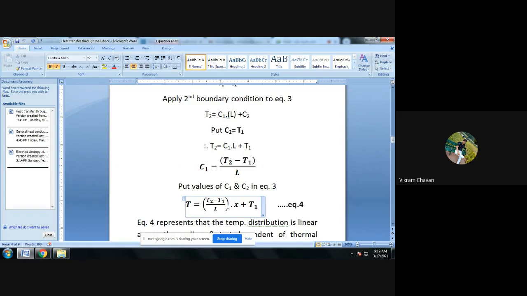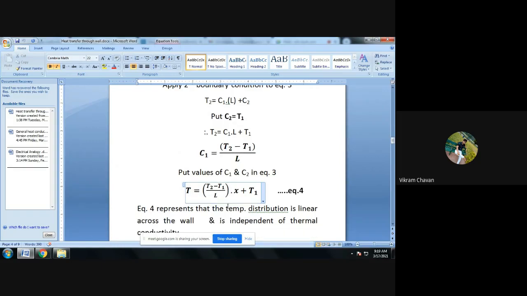And there is no thermal conductivity present over here. There is no thermal conductivity symbol in this particular equation, so we can say that the temperature distribution is independent of thermal conductivity.